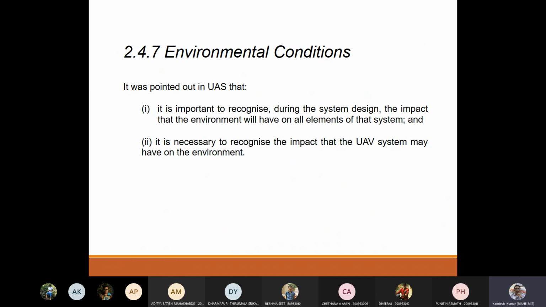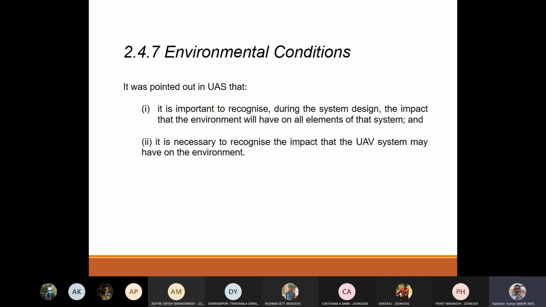Long back, I think there were articles about paint coming off civil aircraft. Because of the too much heat and pressure, the paint on the aircraft was coming off. Then they realized this and solved how paint should hold this type of temperature or pressure. Otherwise, if paint itself comes off the actual civil aircraft, that will affect your aerodynamics, correct?